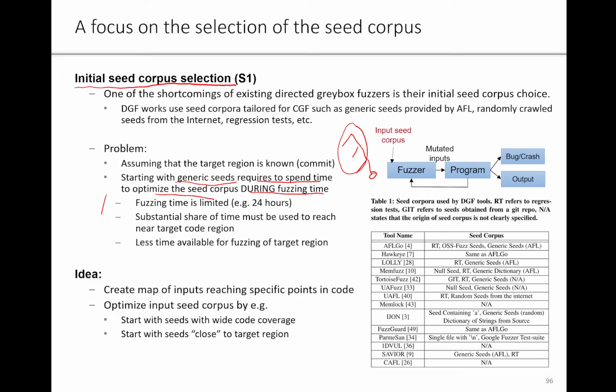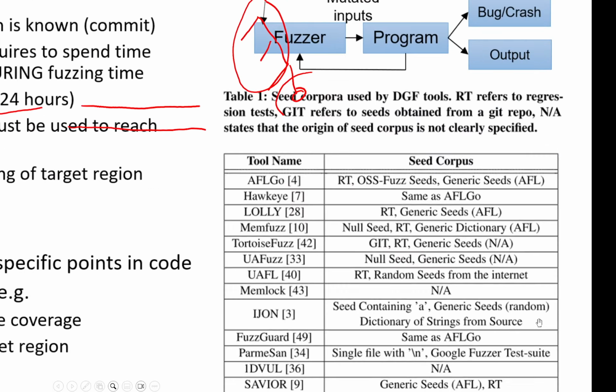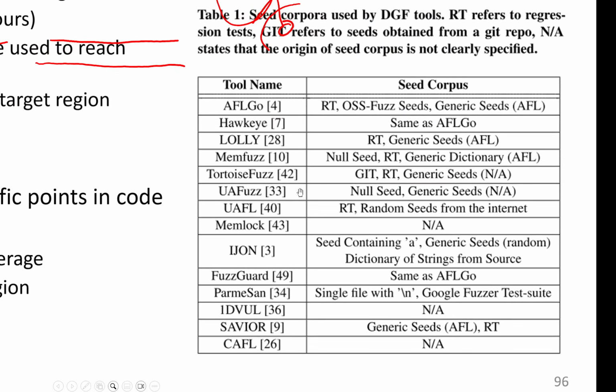And once you arrive at the dedicated zone, let's say you have already spent 10 hours of your precious 24 hours. So you have less time on this. And if you look at what kind of input current fuzzing tools take, these are all public fuzzing tools, AFLGo from Google and so on.